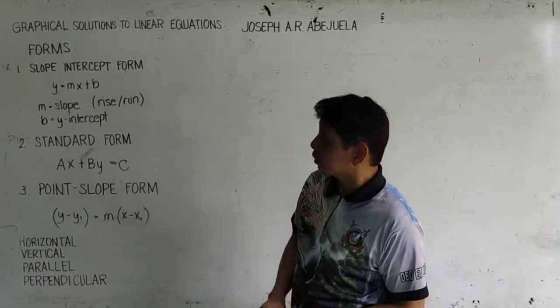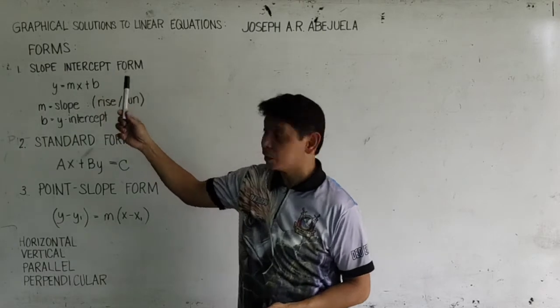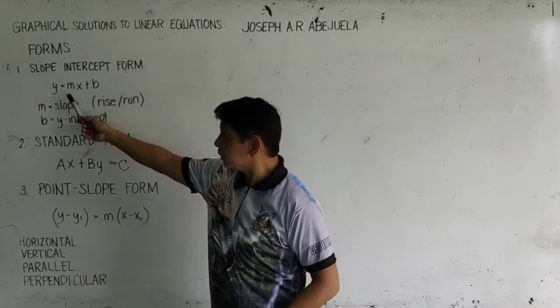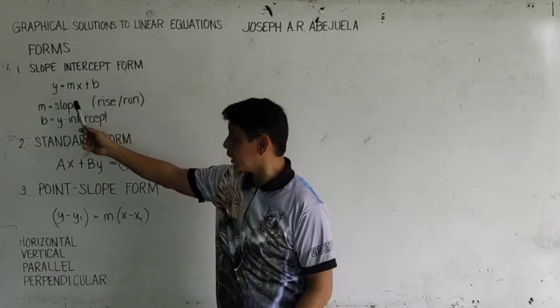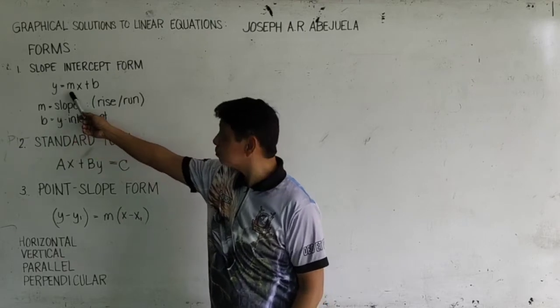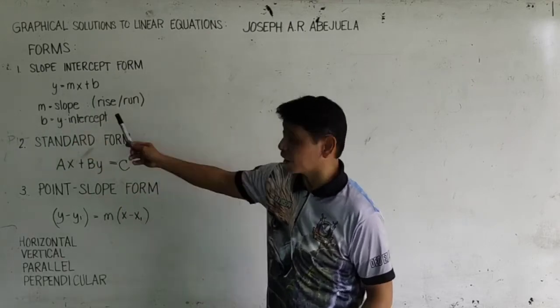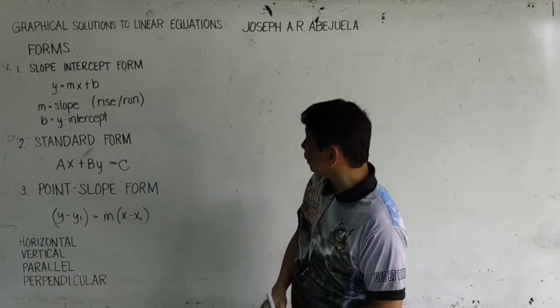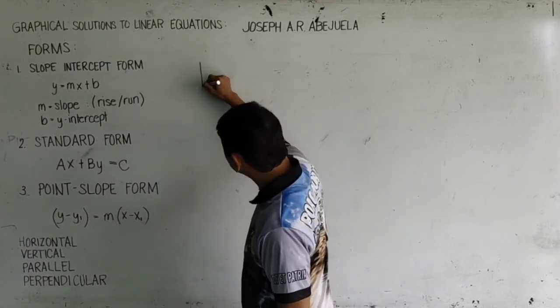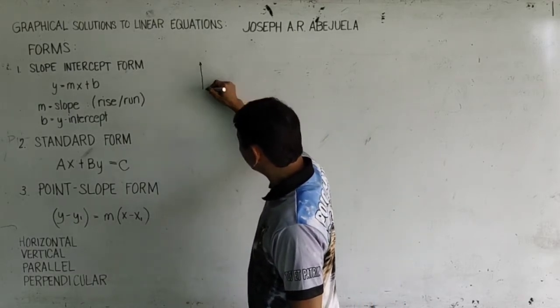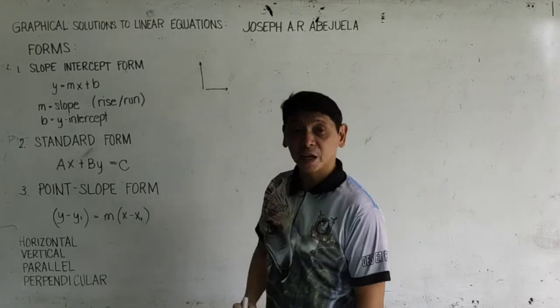We have, first, the slope-intercept form, represented by the formula y equals mx plus b, where m is the slope. It is the rise divided by the run, meaning the number of points it goes on the vertical as it goes on the horizontal.